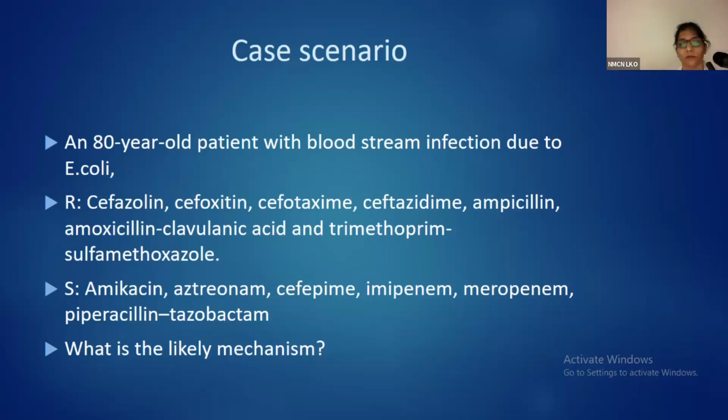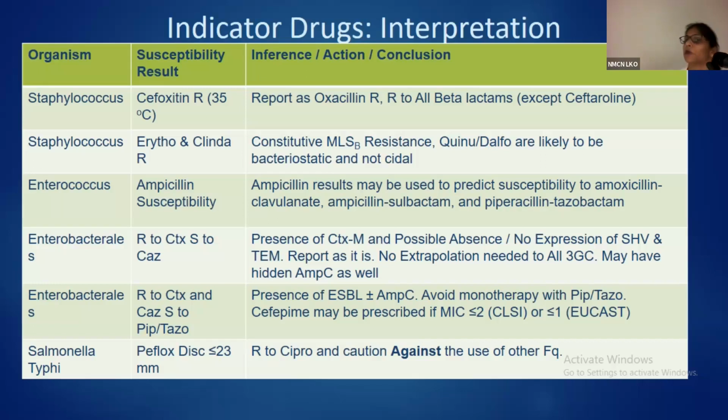So if you get a Staphylococcus which is resistant to cefoxitin, then what will be the interpretation? Methicillin resistant Staphylococcus aureus. We will report it as methicillin resistant Staphylococcus aureus or MR-CoNS, methicillin resistant coagulase-negative Staphylococci. And how to extrapolate this result?